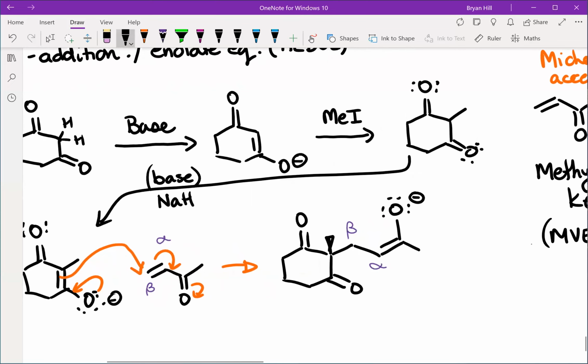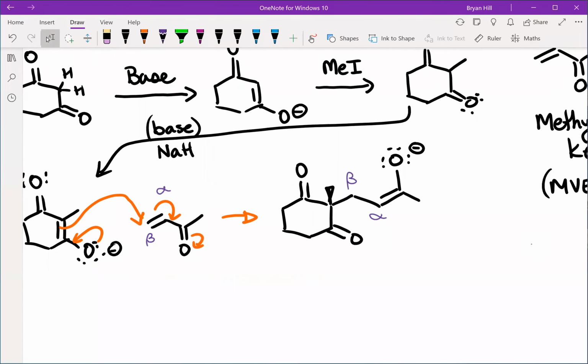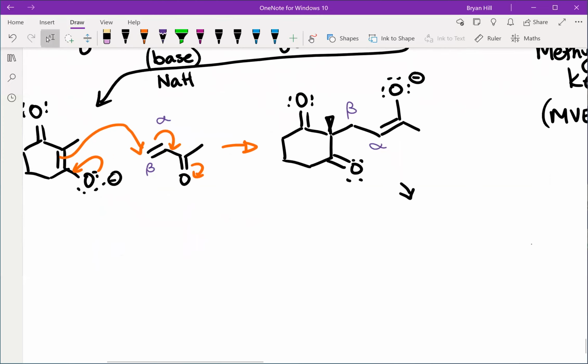Now, we can convert this enolate. If we think back to our enolates, this is basically our thermodynamic enolate here, thermo.